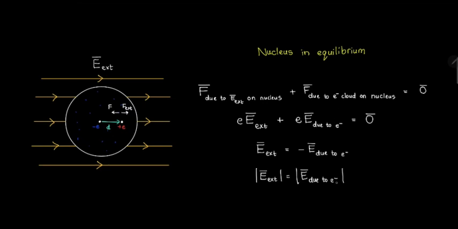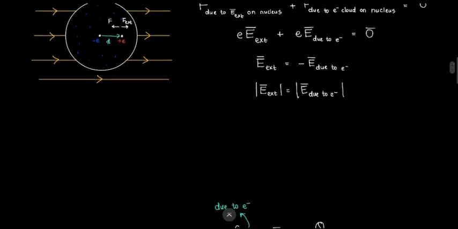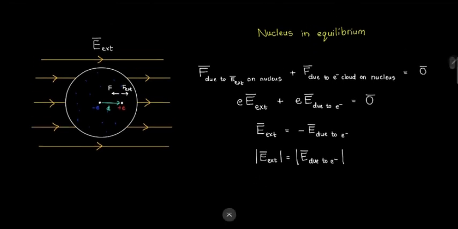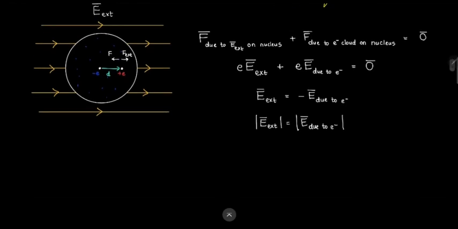That is what all of this is telling. We've seen that the magnitude of the externally applied electric field and the magnitude of the electric field experienced by the nucleus due to the electron cloud are equal. Both of them have the same magnitude because the nucleus is in equilibrium.